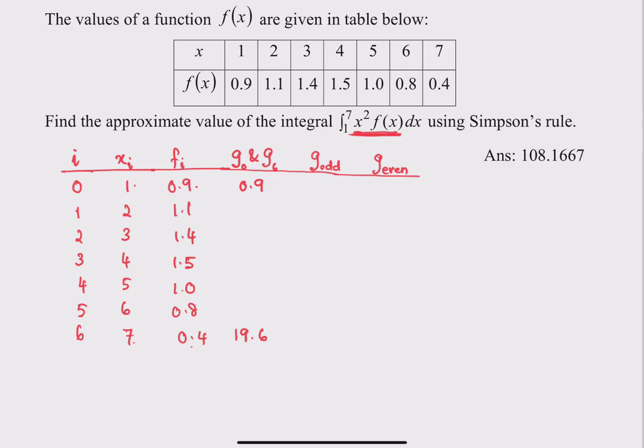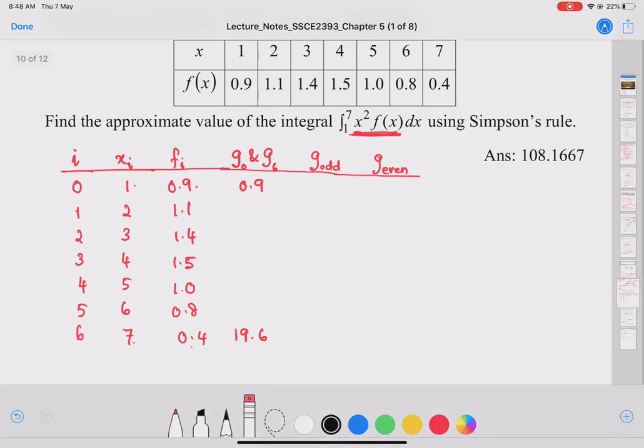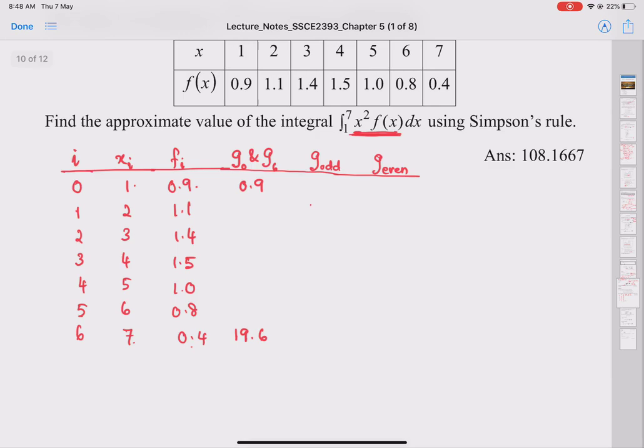And then for the odd, you will get 2 squared, 4, multiplied by 1.1, which is 4.4.